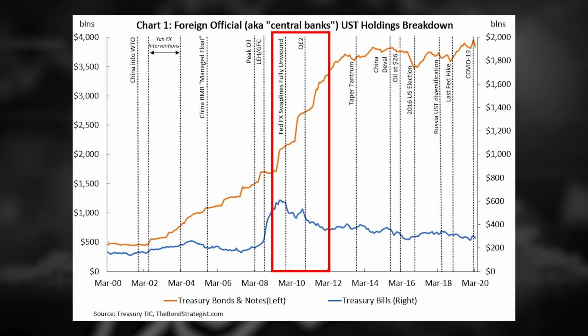But as you can see in the chart, the biggest increase actually took place after the 2008 financial crisis. The majority of the big impulse of more foreign buyers buying a lot of our Treasuries took place after the financial crisis. First it was in that blue line, T-bills. They went into safety, into short-term Treasuries.